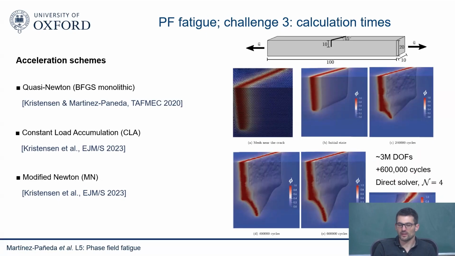It is computationally expensive, but if you can do 1.5 million cycles with 3 million degrees of freedom, full 3D simulation, with a direct solver and not being very ambitious on the cycle jump, I think you're getting there. The most challenging engineering problems will be 20 million cycles. Maybe in railway infrastructure it will be 100 million cycles, but you are already getting to the scales that matter.